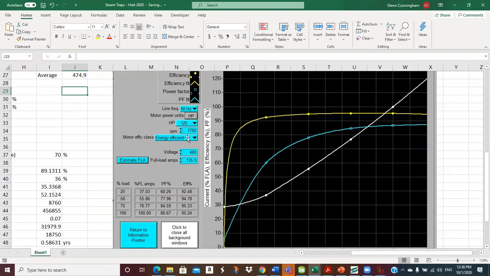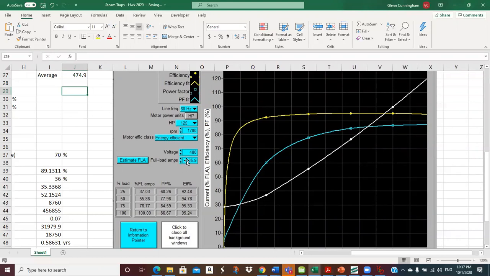So there's some variation there. The only way you would know would be to go look at the motor, or contact the motor manufacturer or look online for that particular motor to see what its efficiency is, and whether I had picked the right efficiency class. But anyway, I just ran energy efficient.